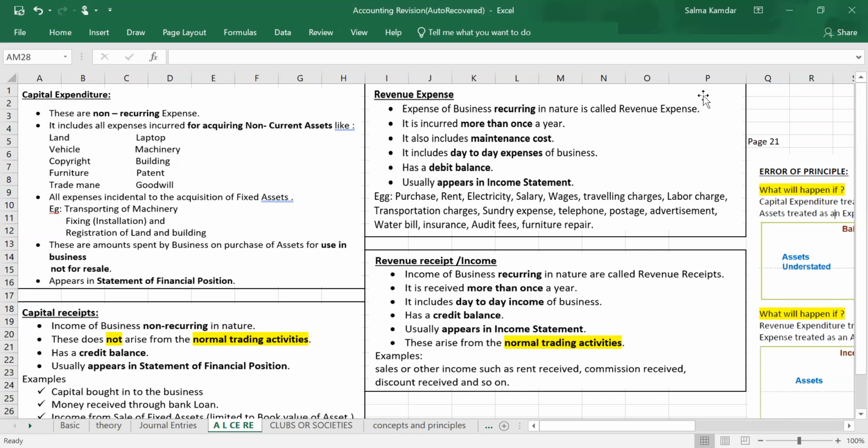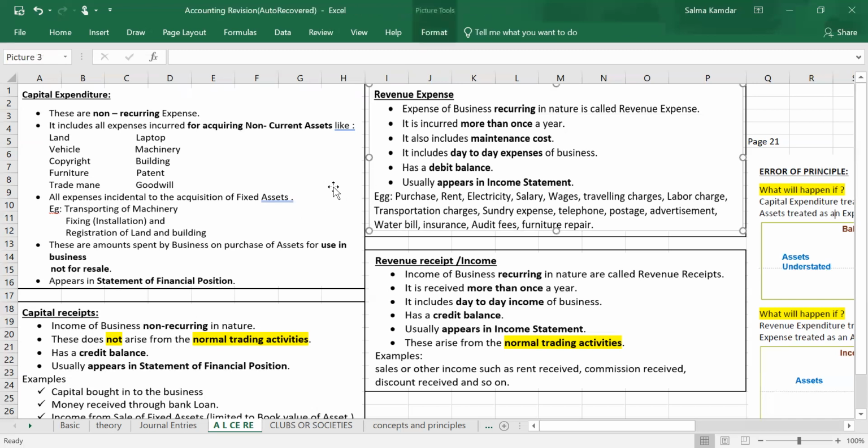Repairs. So anything that happens more than once in a year, on a day-to-day basis, that has maintenance involved, is a revenue expenditure.